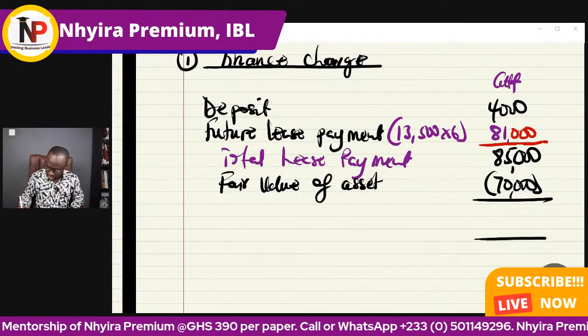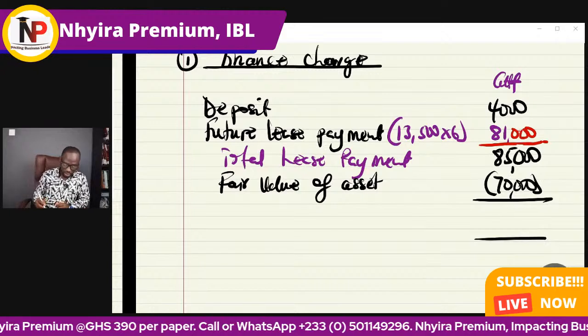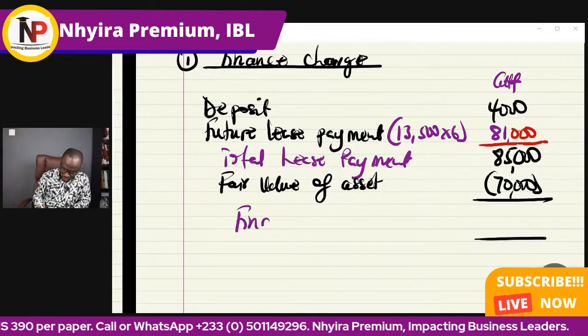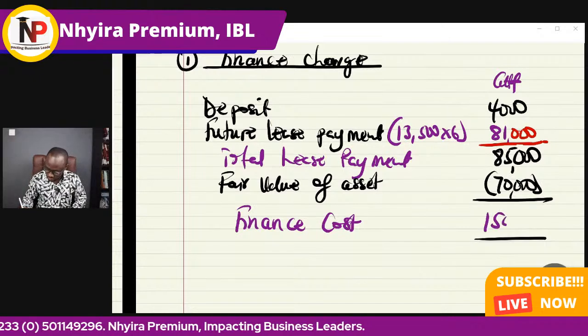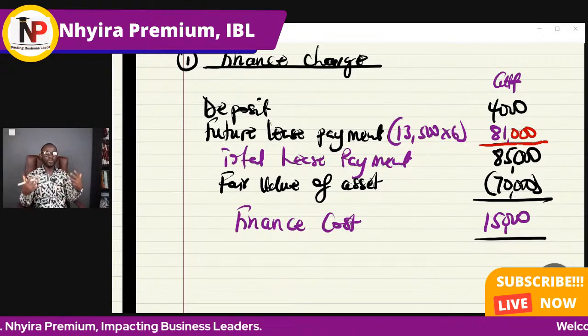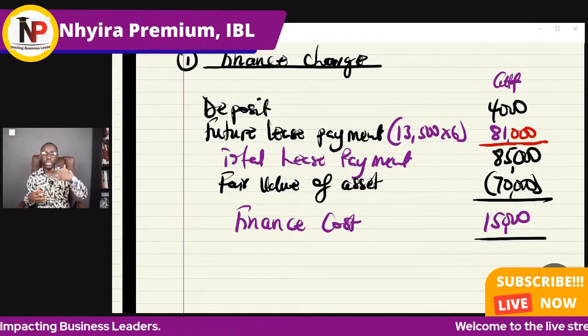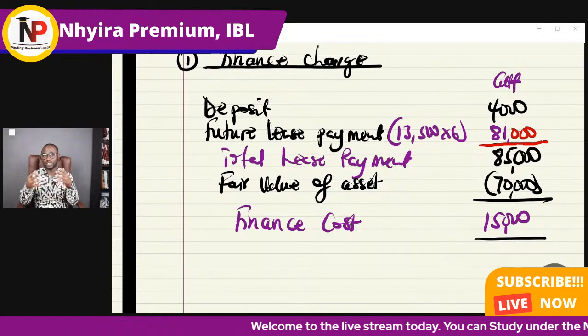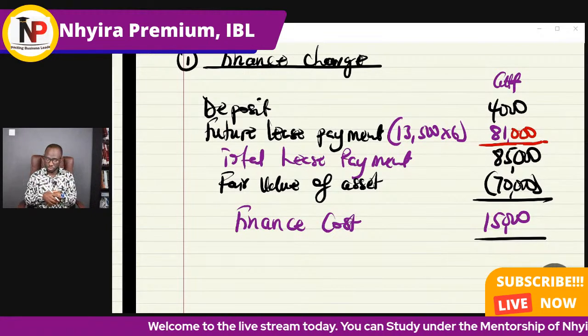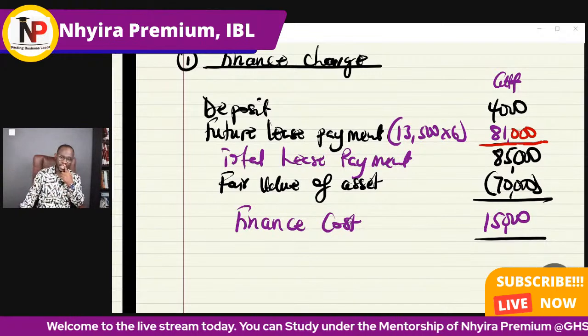So we less that, and the balancing figure becomes the finance cost or the finance charge, which is 15,000 cedis. So from this question, the way we are able to arrive at the finance charge for the period under consideration is 15,000 Ghana cedis.